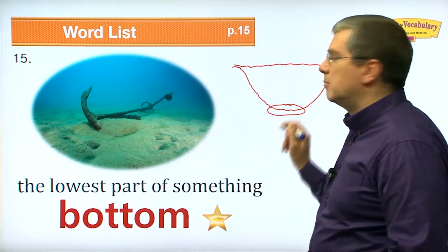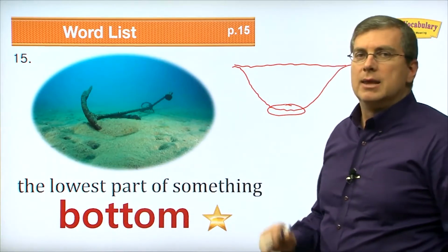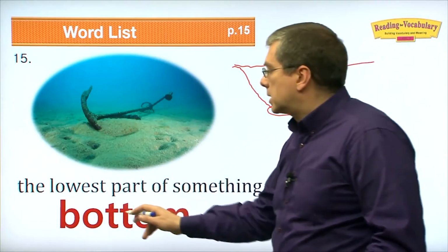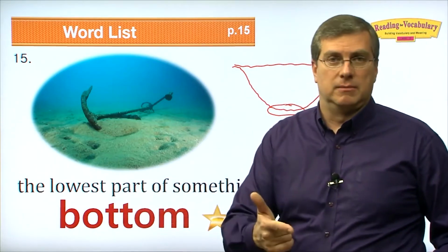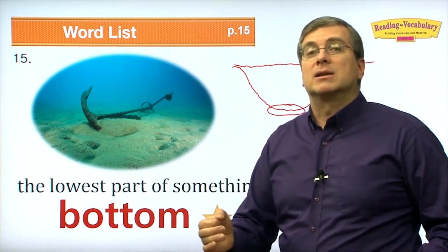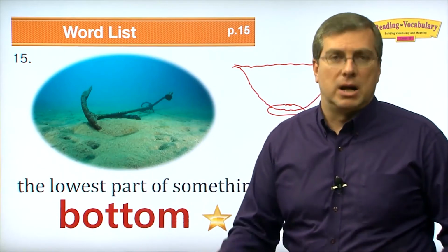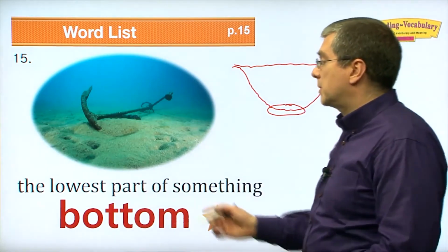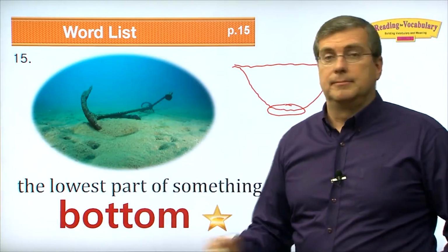This is the bottom of the ocean or the bottom of the lake, okay? The bottom. So 2 sounds, bottom. You can say it fully, but most people just say bottom, okay? So the bottom of something is the lowest part of something.